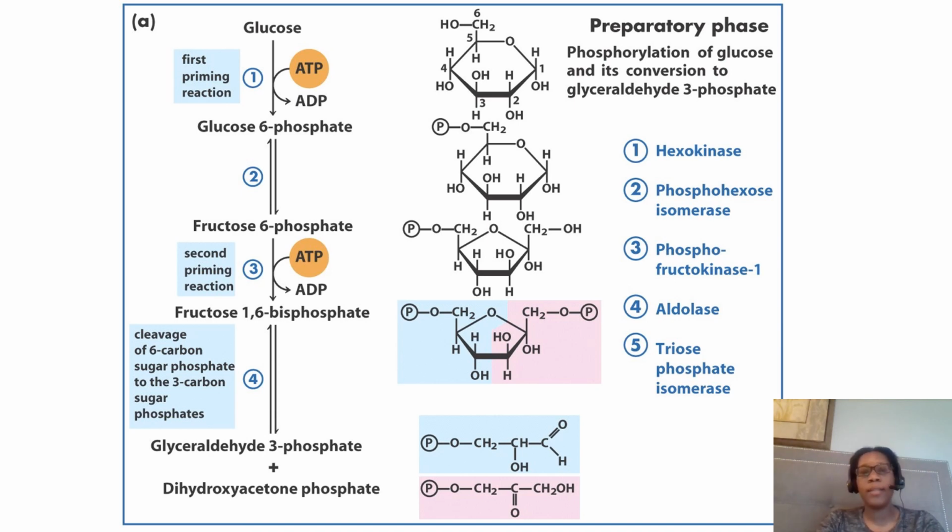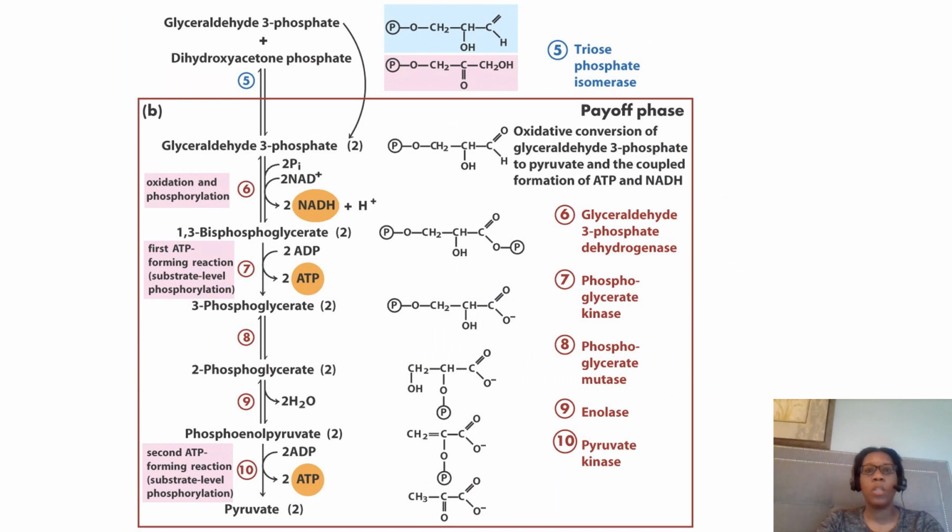So in glycolysis, at this point, we've made 2 molecules of 3-carbon compounds, GAP and DHAP, and then we're going to isomerize one of those. So we have 2 molecules of GAP. So triose phosphate isomerase creates a second molecule of GAP.